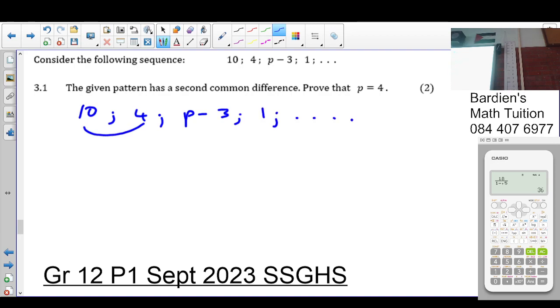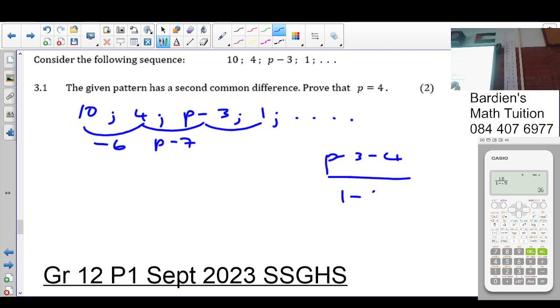How do I move from one term to the next? I subtract 6. Then p minus 3 minus 4 is p minus 7. And 1 minus p minus 3 is minus p plus 4. Now, it has a second common difference, so this is what I'm going to set equal to each other.